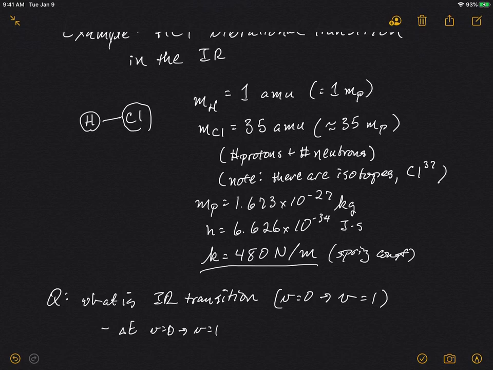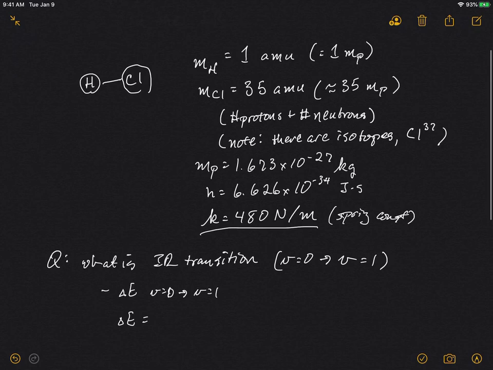There are other transitions as well. This is the more intense one, and it's well in the infrared range. And so we're interested in what's the energy difference between the V equals 1 and V equals 0 state.